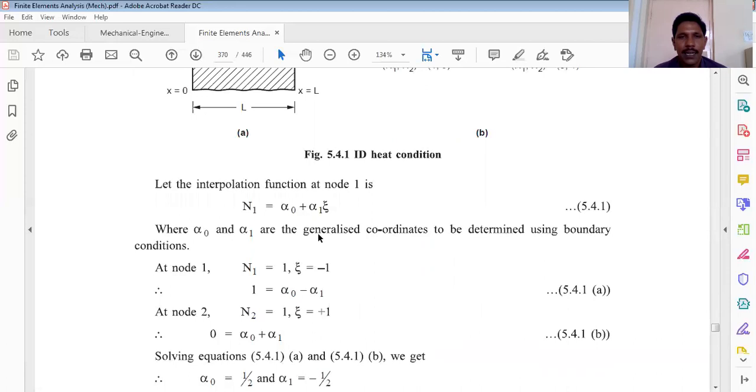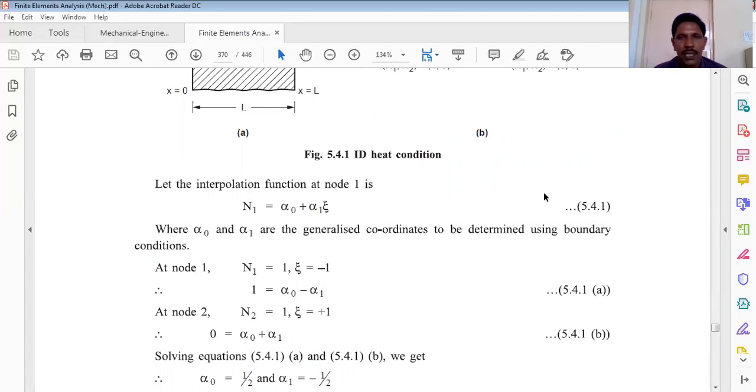Similarly, at zeta is equal to plus 1, that is at node number 2, N1 value is 1. Yes, sorry, N1 value is 0. So there is a slight correction. At node number 2, N1 is 0, zeta value is plus 1. So this needs to be corrected, which is N1 is equal to 0.